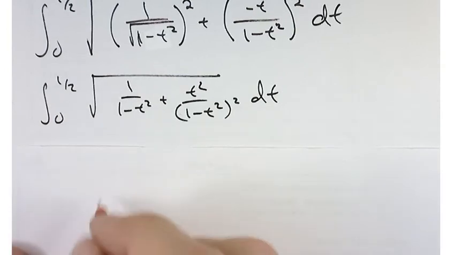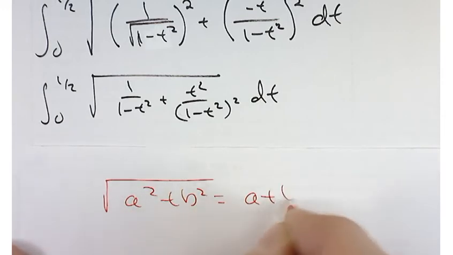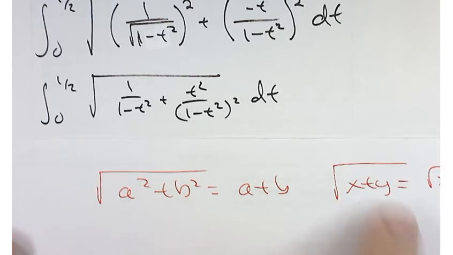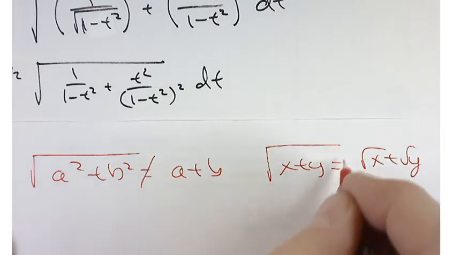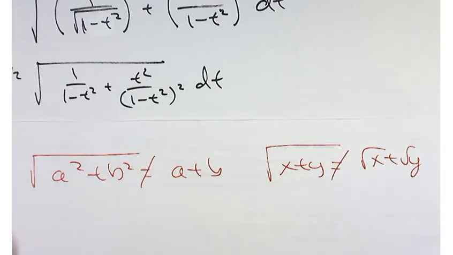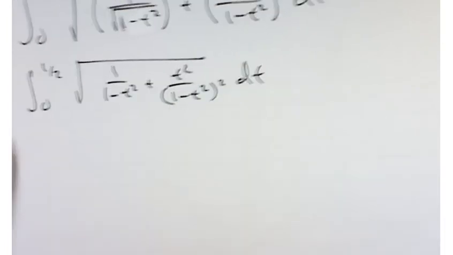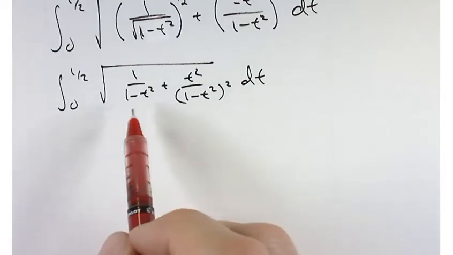People want to say that the square root of a squared plus b squared equals a plus b, or in general the square root of x plus y equals square root of x plus the square root of y. Unfortunately, we can't split it up like that. Those don't really hold. So writing as a power. There we go. Well done.